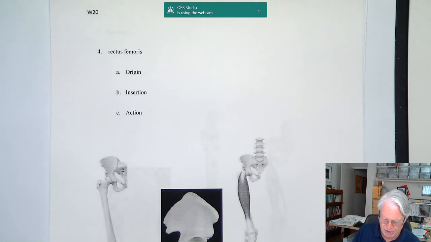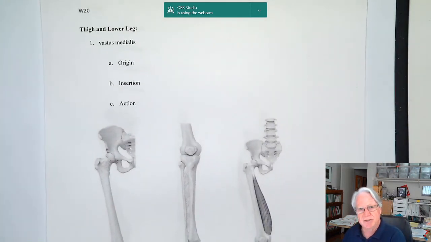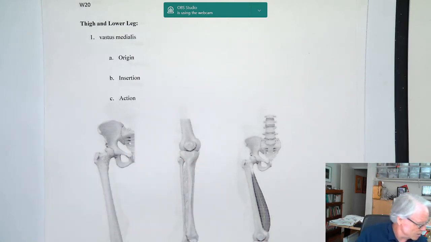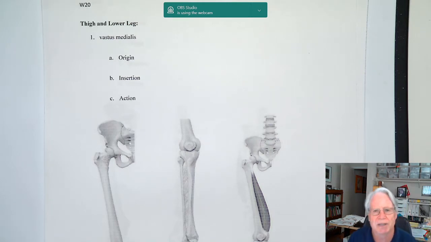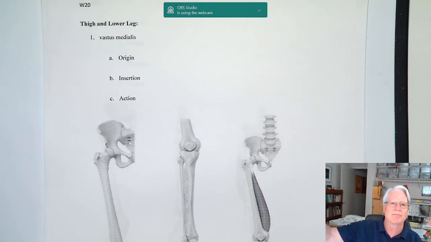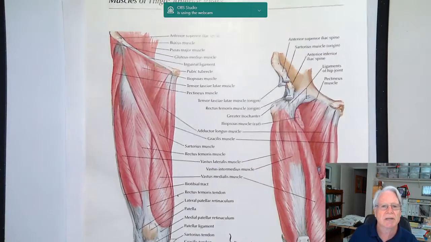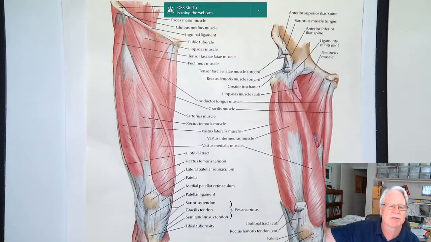Those are the first four muscles. What I would like to do before we get into the details of each of those is to start with a picture and look at where they are and what they look like. I'm going to again turn to Netter for that image.